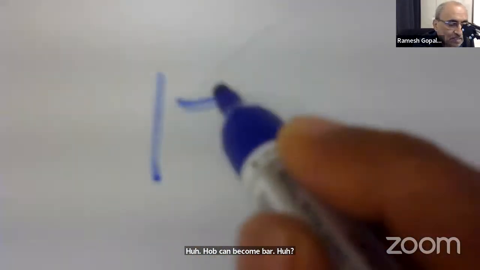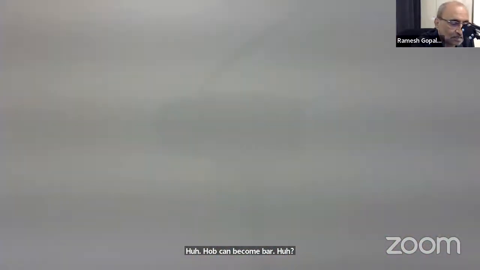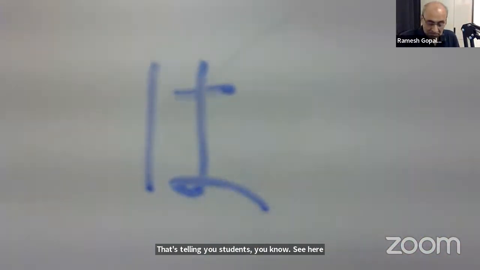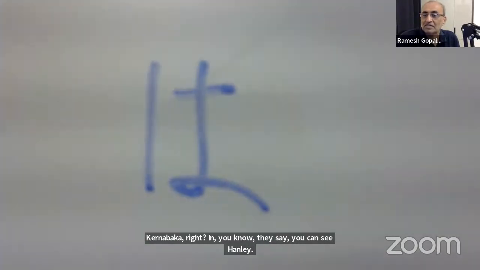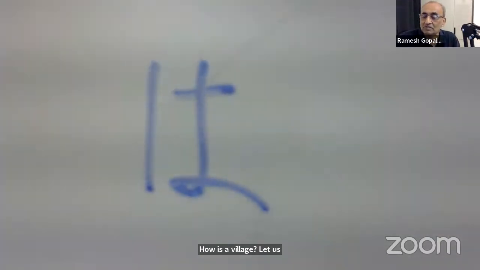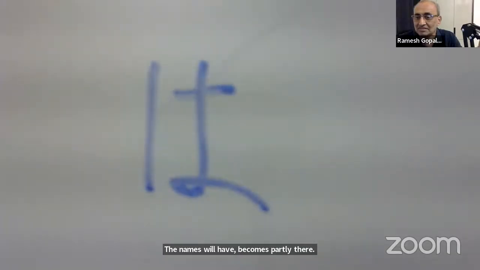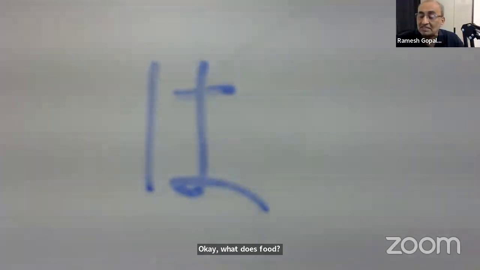I used to always tell these students, here in Karnataka, when they say Halli, Halli is a village. Whereas the same thing, a village in Telugu, is Palli. Halli becomes Palli there. Okay, what is hoo? It's poo. Flower. So this is it. Ha becomes pa.